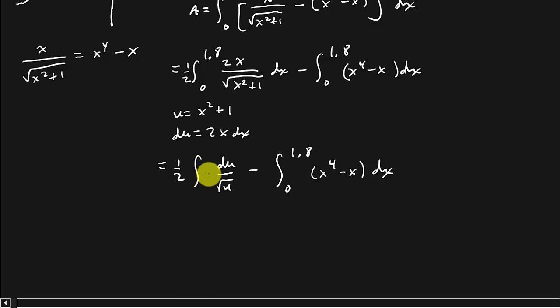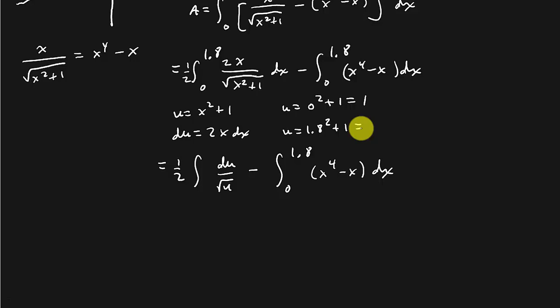So u is equal to 0 squared plus 1, which is 1, and u is equal to 1.8 squared plus 1, and I have no idea what that is. It's 2.39, I think.